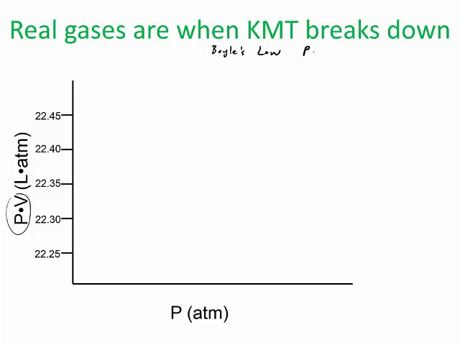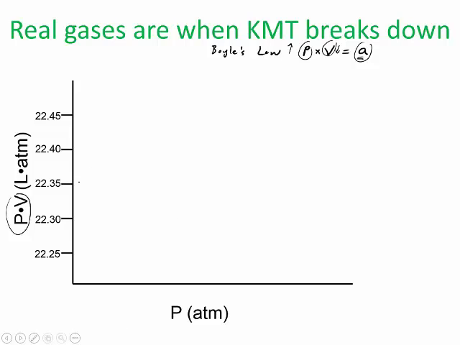If I multiply P times V, I should get some constant. I'll just call it A. So when this goes up, this should go down to compensate, and then you end up getting the same number. And conversely, if this goes up, then this should go down, so you again obtain the same number. It equals a constant. This same number happens to be 22.4, the molar volume.